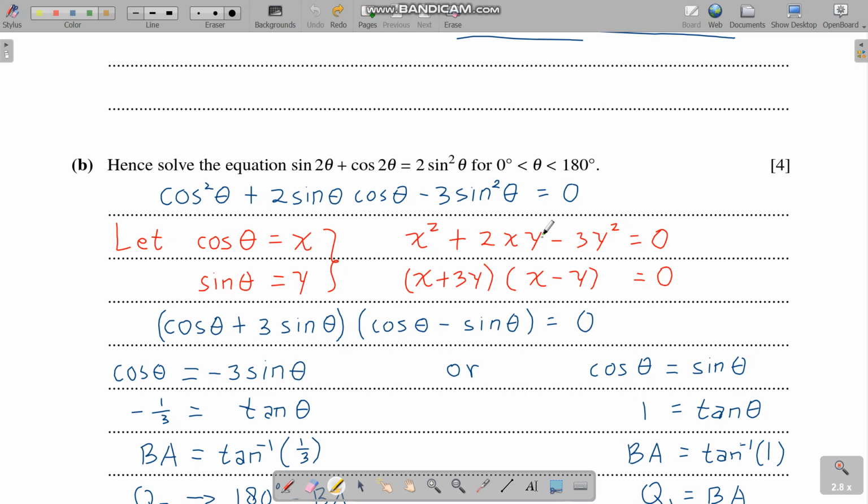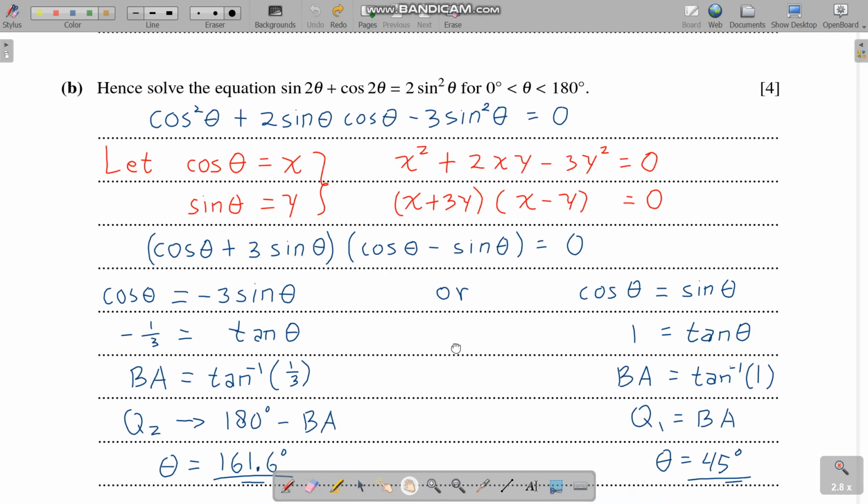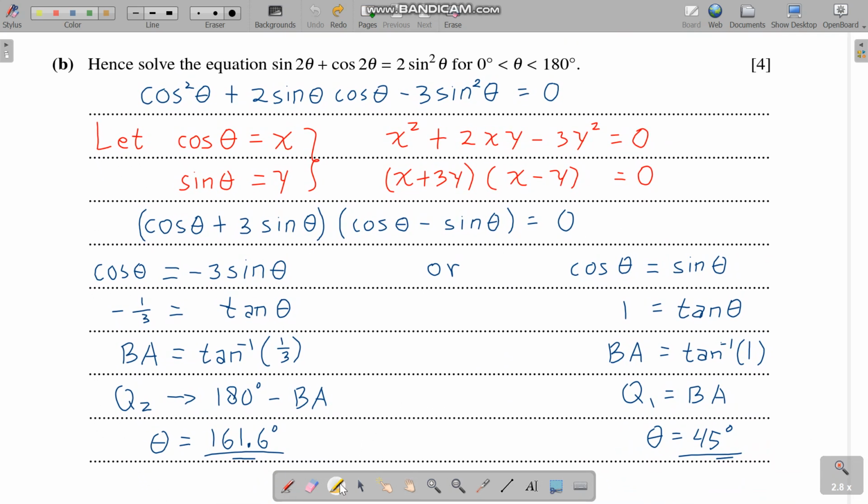You can factorize this. If the y is confusing, just ignore it, and you're gonna get x plus 3x minus 1, and then you rewrite the y. So just the usual quadratic factorization. So to solve the quadratic, of course this equals 0 or this equals 0.